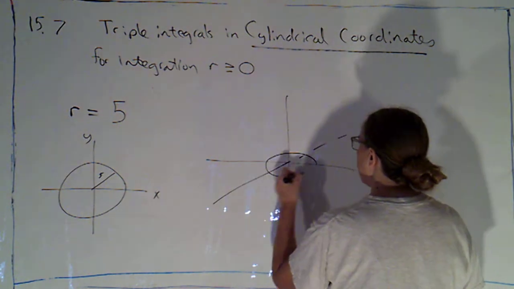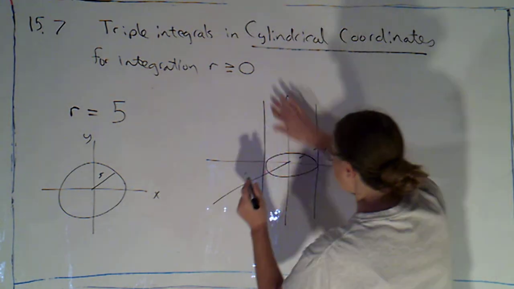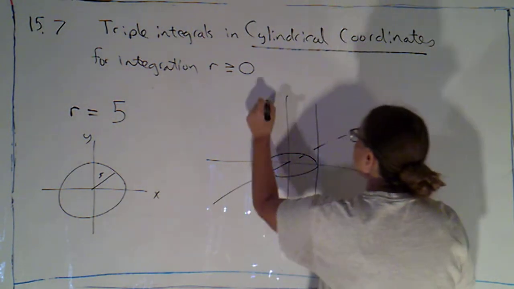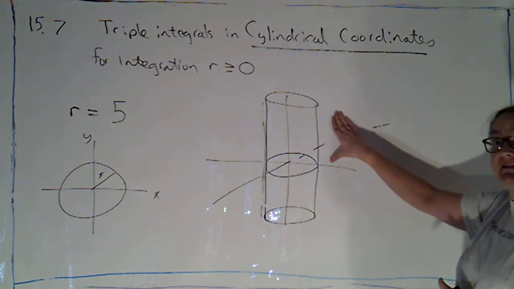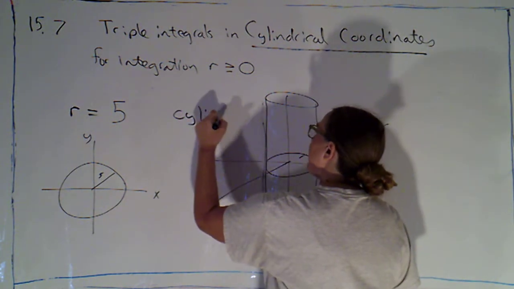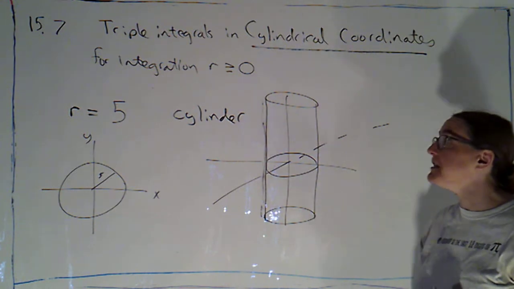So what I'm going to get is the vertical extrusion of that circle, I actually get a cylinder. So in cylindrical coordinates, if r is constant, I'm going to be getting a cylinder.